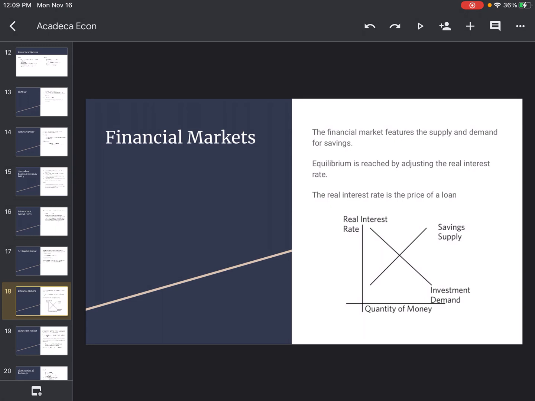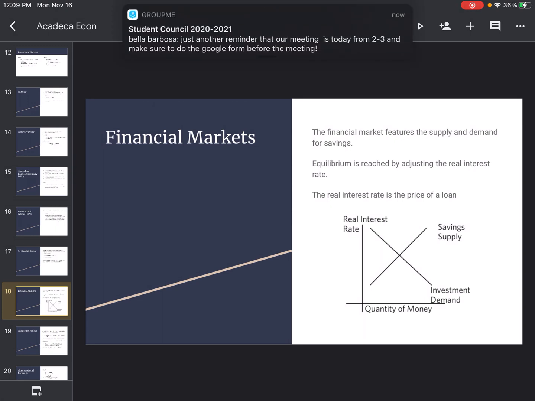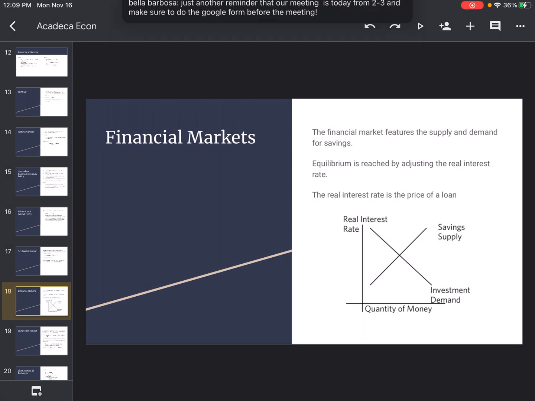Typically, the real interest rate is the price of a loan, and it determines how much borrowers pay for a loan and how much savers earn for loaning their money. So for the financial market graph, on the supply side, the higher the real interest rate, the more saving. And on the demand side, the lower the interest rate, the more investment.